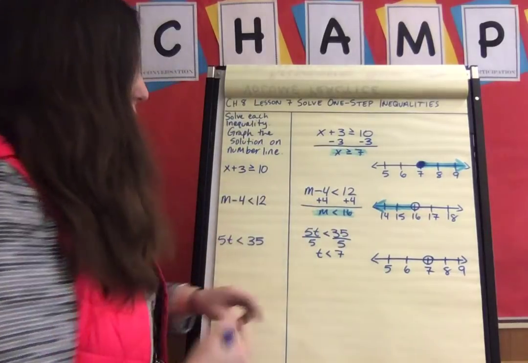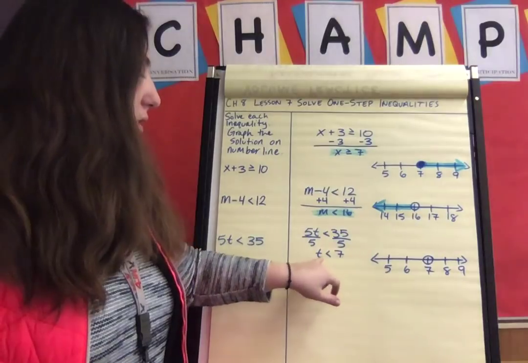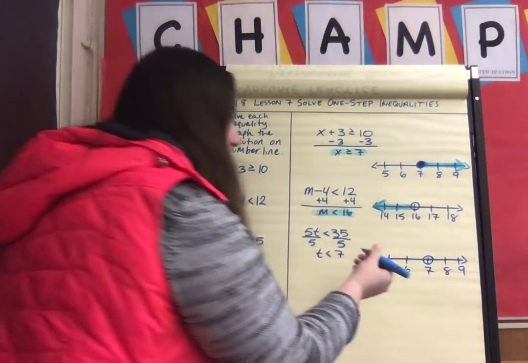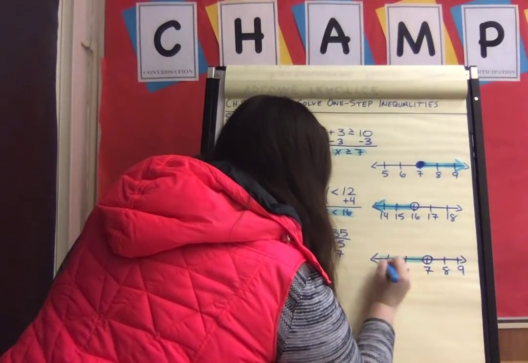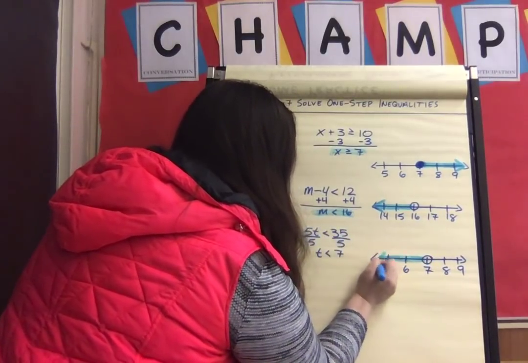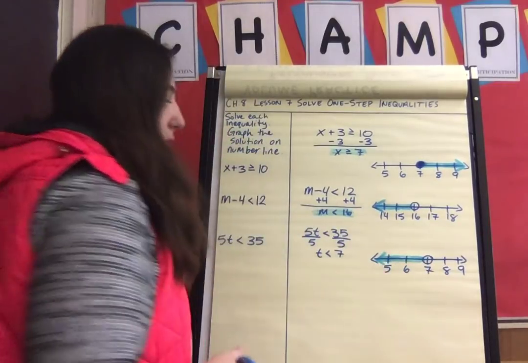Then, instead of saying t is less than 7, I'm going to say the answer is less than 7. Since the answer is less than 7, I'm shading in everything below 7.